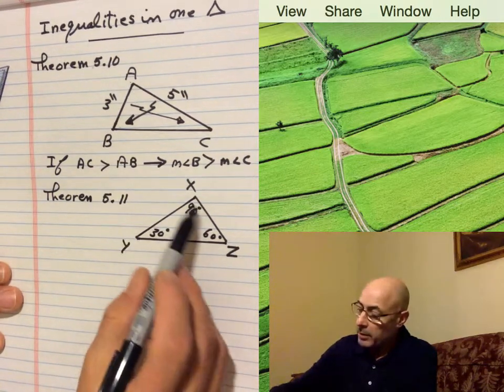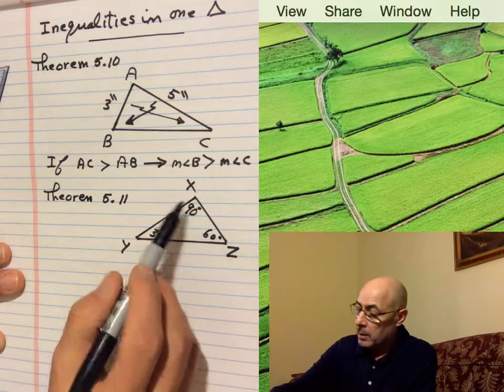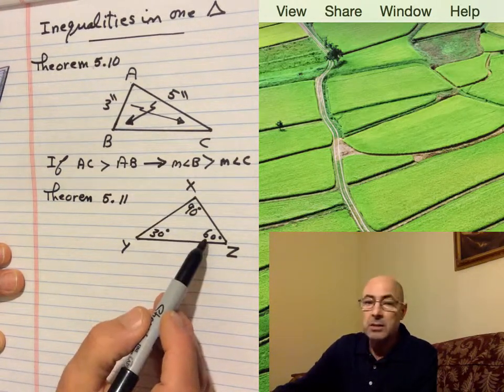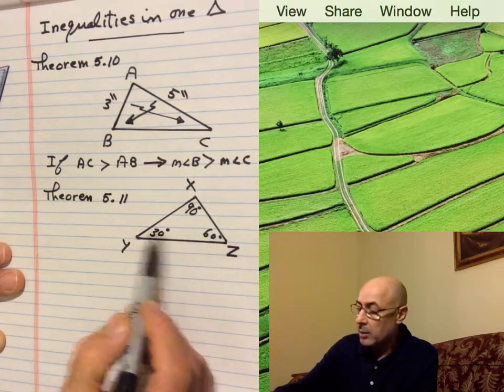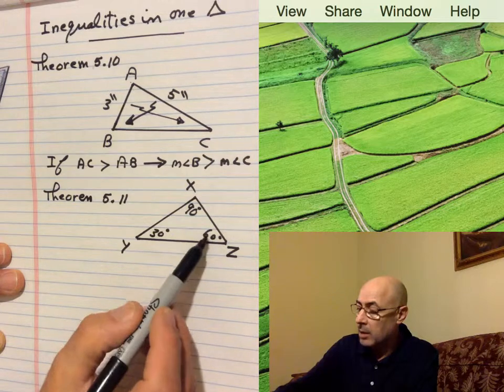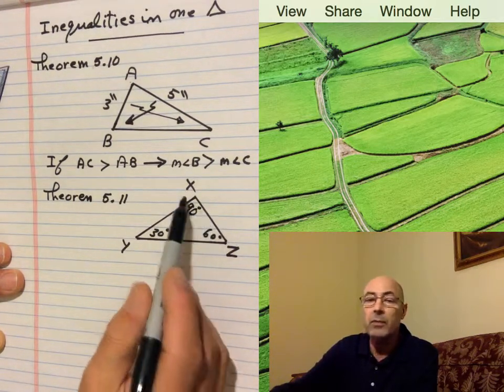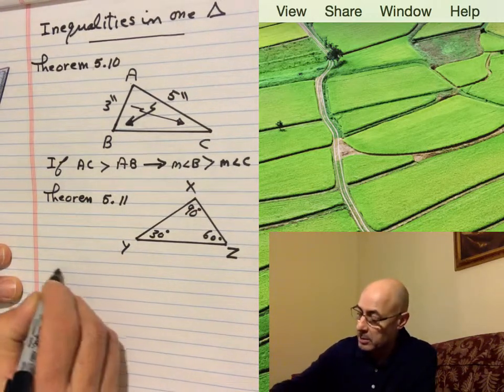So which one is the greatest angle? The 90 degrees. So for example, 90 degrees is greater than 60 degrees. So the side across from the 90 degrees is going to be longer than the side across from the 60 degrees, or the side across from the 30 degrees. That's simply what the theorem states.